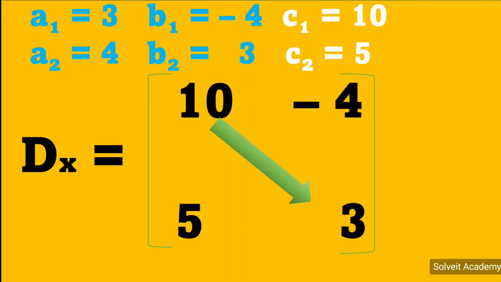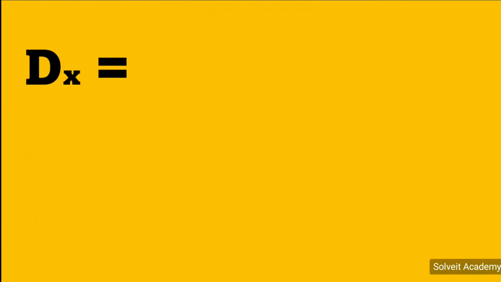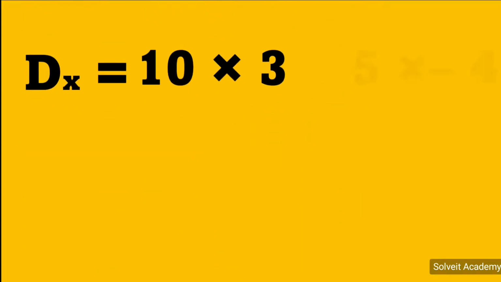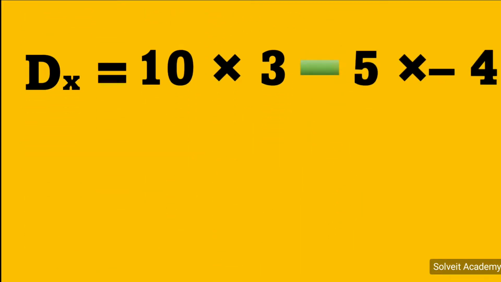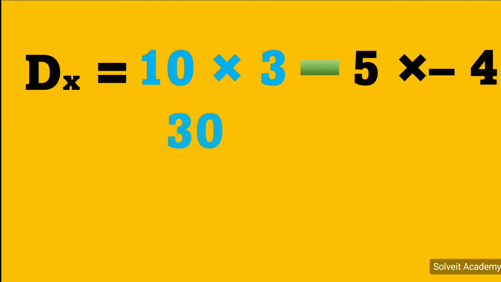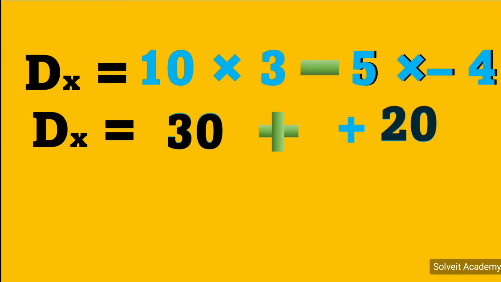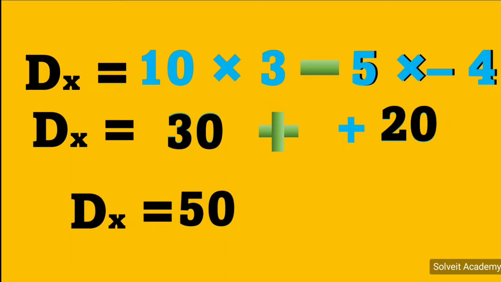Now multiply 10 with 3 and then multiply 5 with -4 and put the negative sign in between them. 10 into 3 will be 30 and 5 into -4 will be -20. The negative sign will be as it is. Now negative will become positive. 30 plus 20 will be 50. So we have dx as 50.